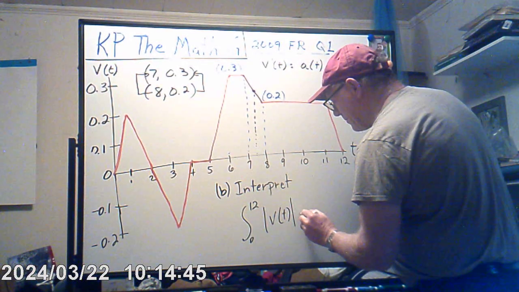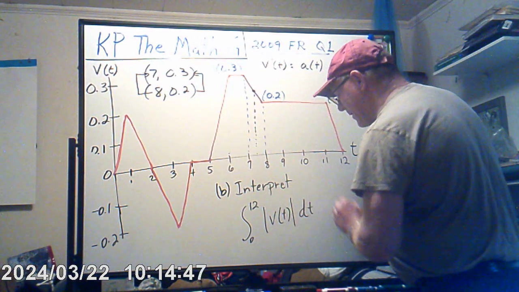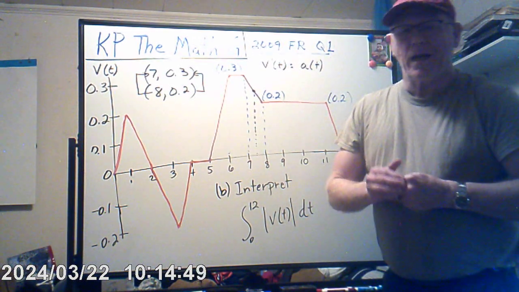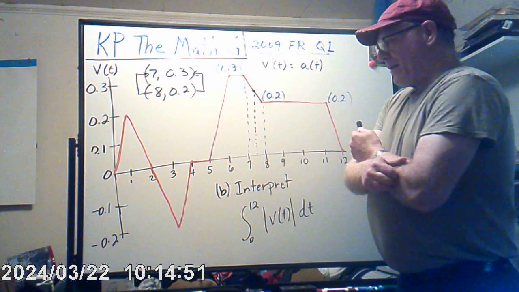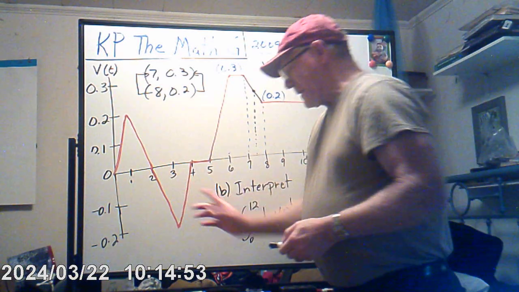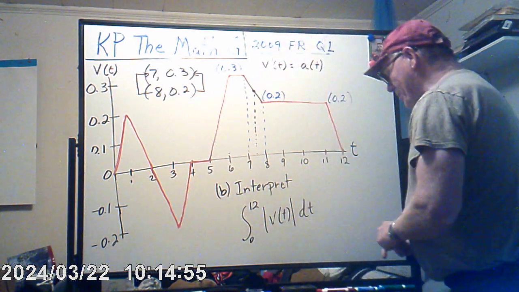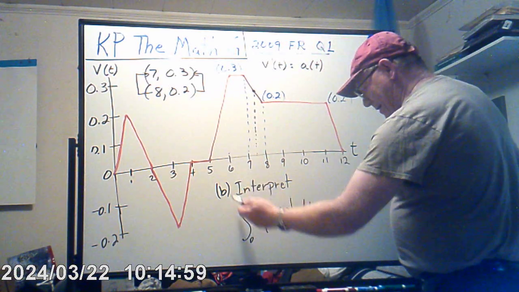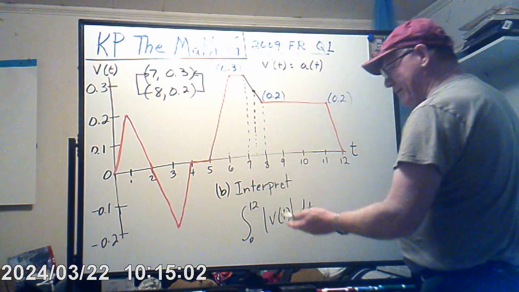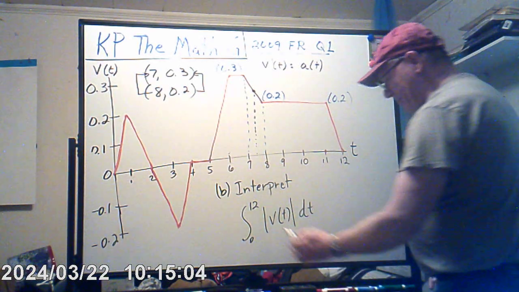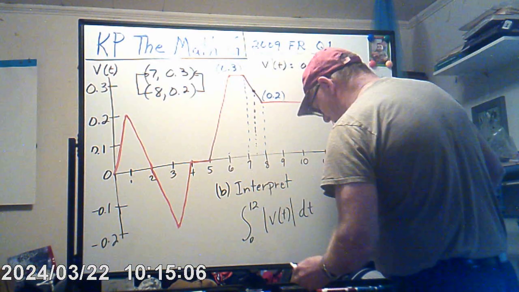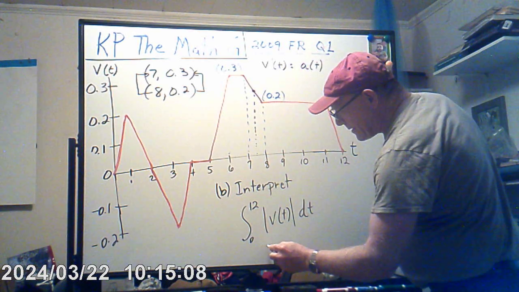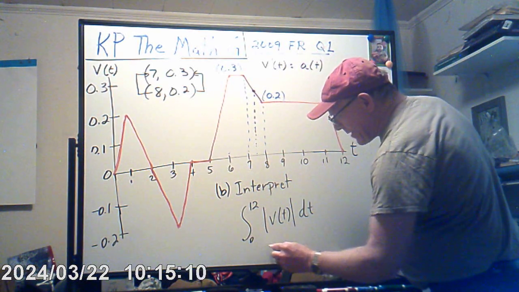There is a huge difference between the absolute value bars and not having them. Well, this is the total distance. When we deal with an integral of v of t, we're dealing with distance, but this absolute value bar says it's the total distance.